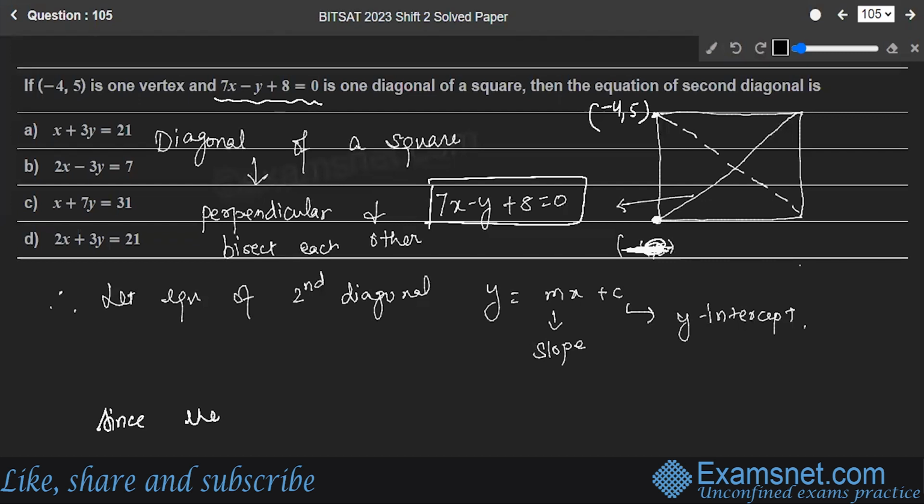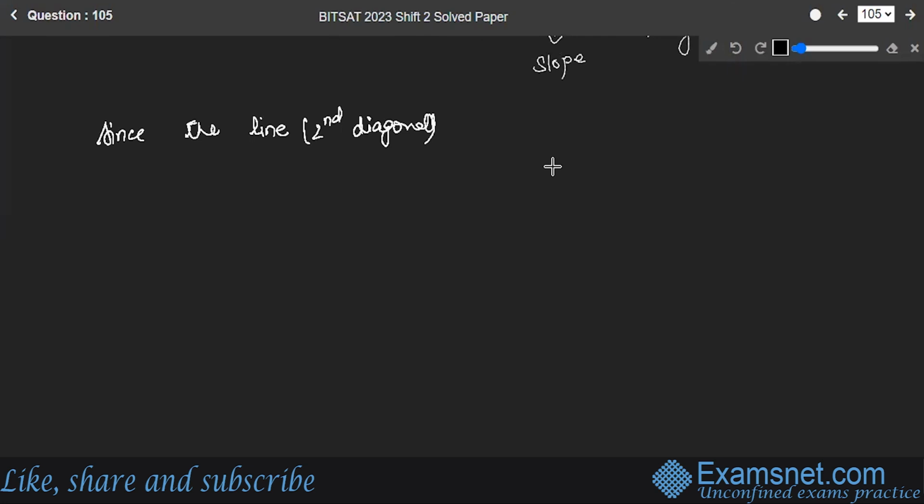Now, since the second diagonal passes through minus 4 comma 5, this line, which is given by y = mx + c, will give 5 = minus 4m plus c.